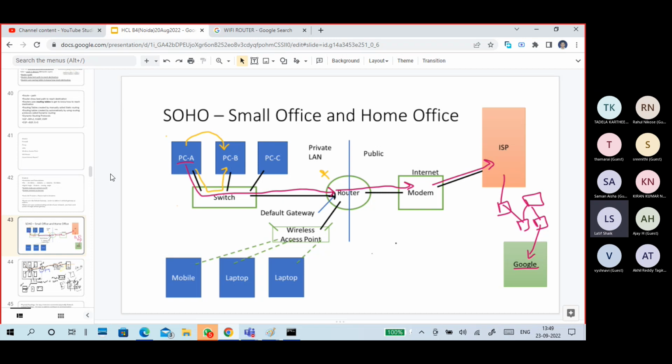See guys, the modem is used to connect to the ISP. Then it sends your identity, the username and password, and the ISP verifies your authentication, connectivity, and bill. Then the ISP gives the internet connection to your modem.